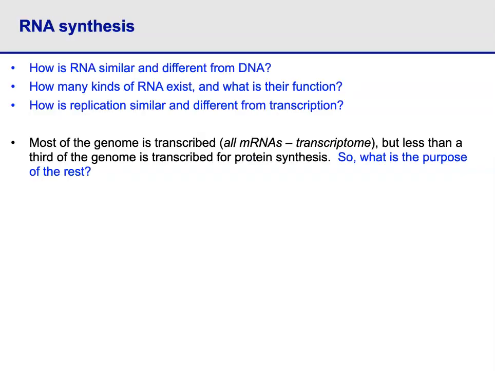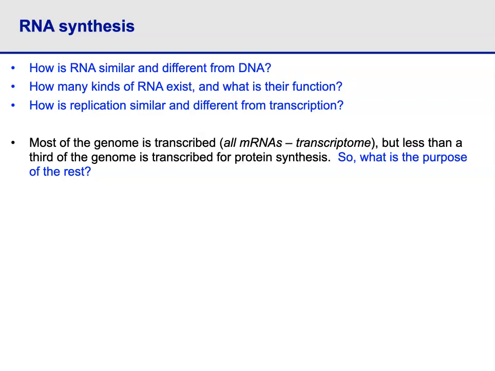Now, whenever we talk about RNA synthesis, I usually start with these questions. The first of those questions is: how is RNA similar to and different from DNA? By now, I'm sure you already know that the main difference between RNA and DNA is actually in the name of the nucleic acid.